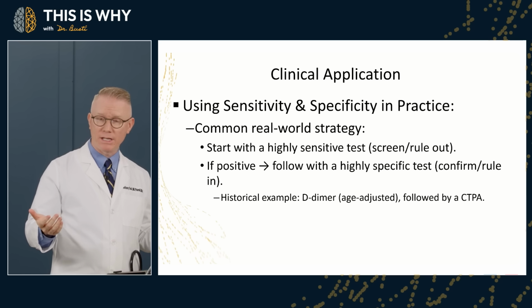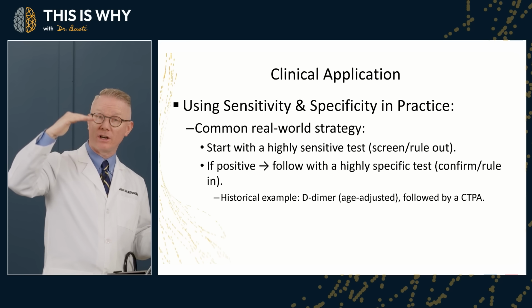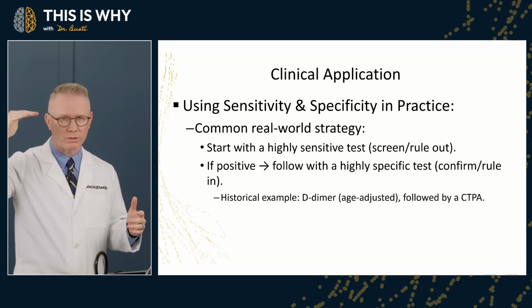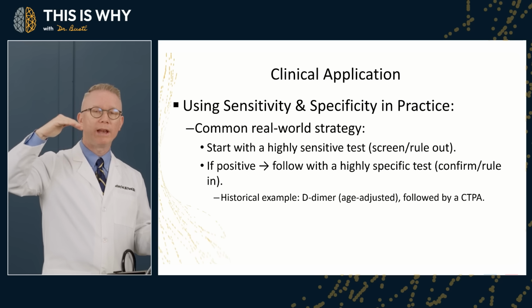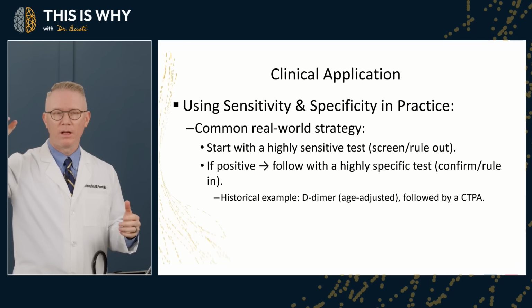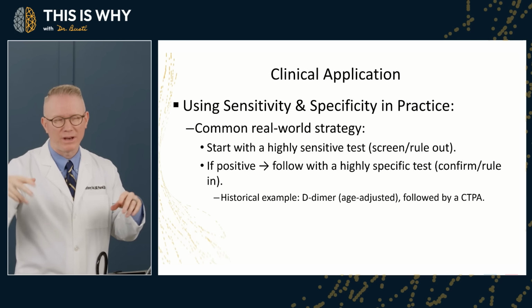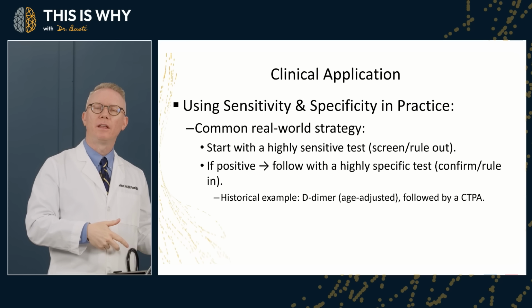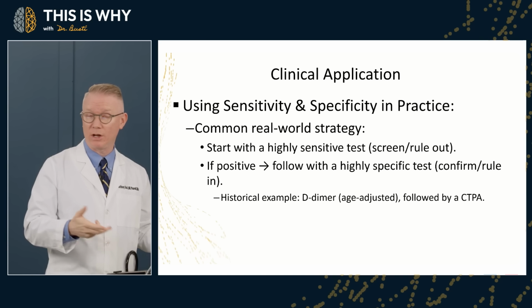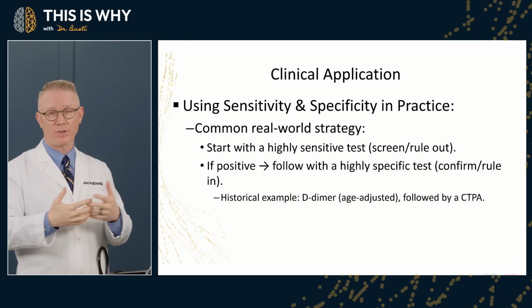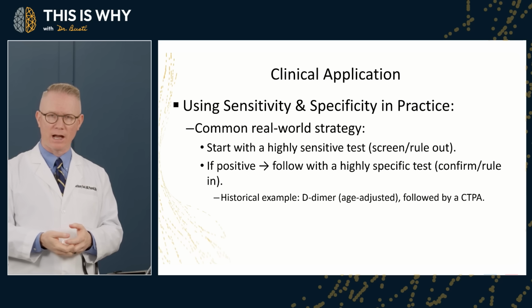So that's why we use the D-dimer, because if it reaches a certain cut point or threshold, we now have an elevated number that's positive, but it doesn't guarantee me that it is a DVT or PE, because there are other things that can elevate the D-dimer.